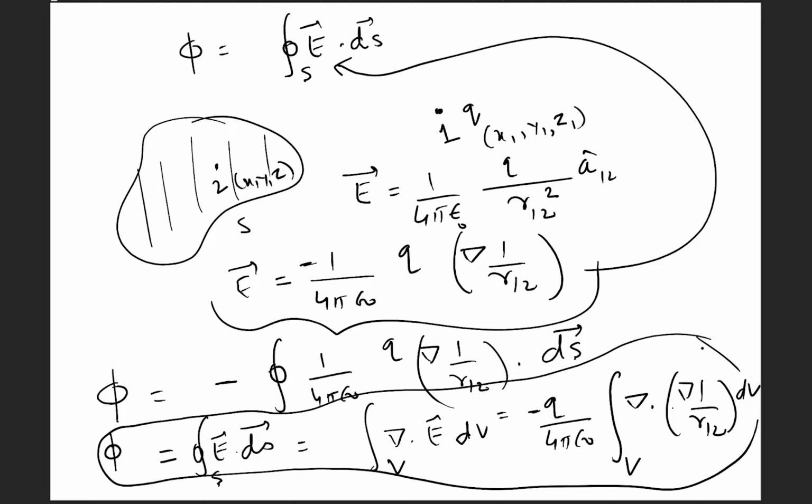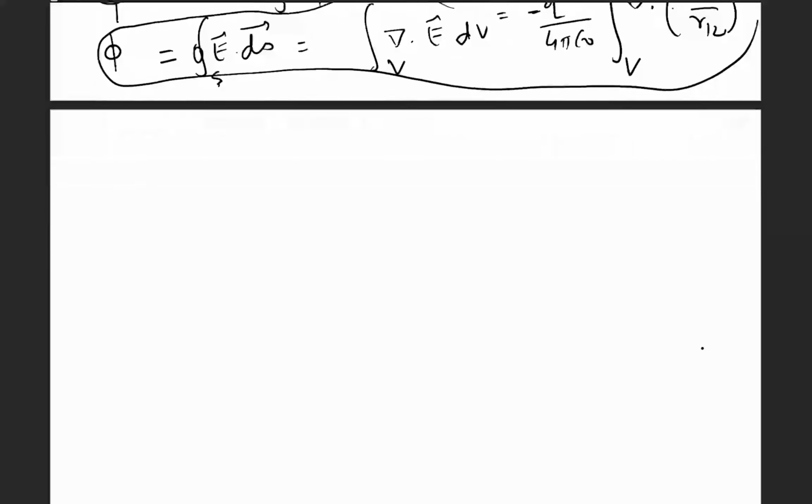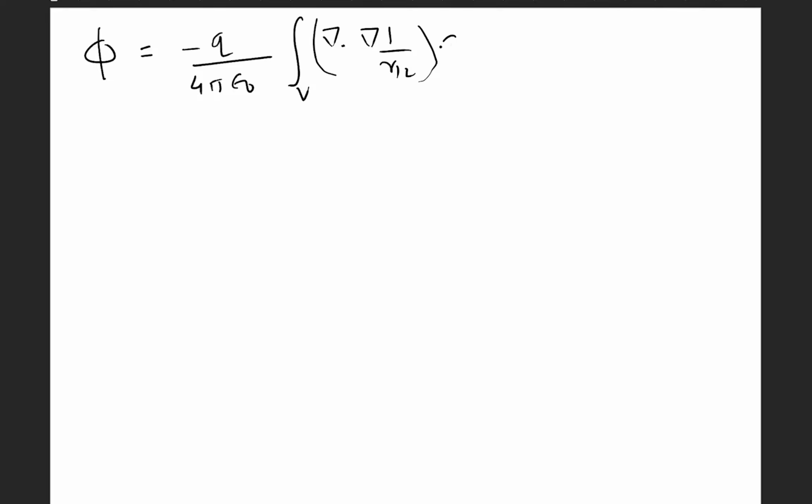So now let us write it on the next slide again. So flux is simply written as minus q by 4 pi epsilon naught and volume integral of del dot del of 1 by r12 dv. Now this was the charge q at point 2 and this was the surface.